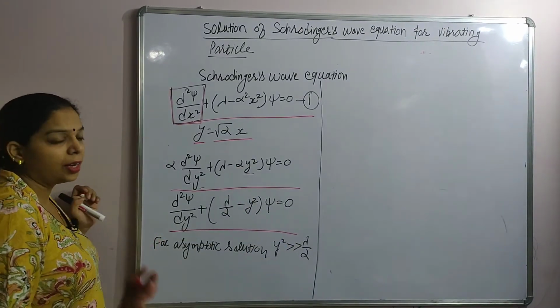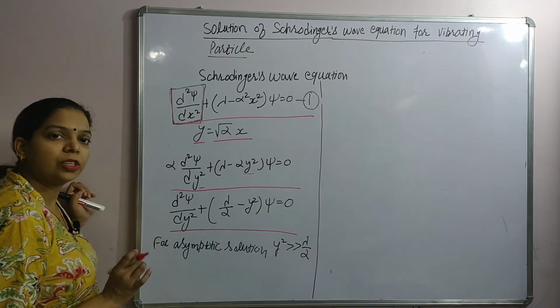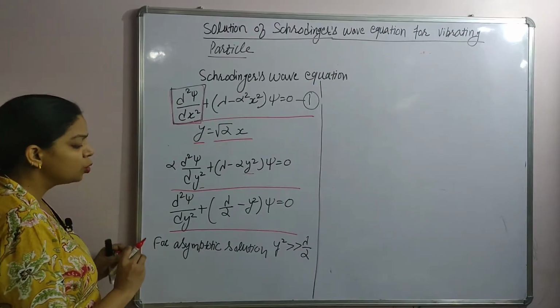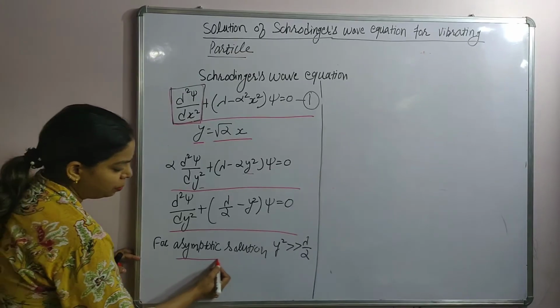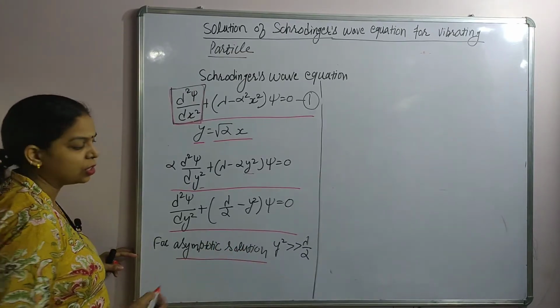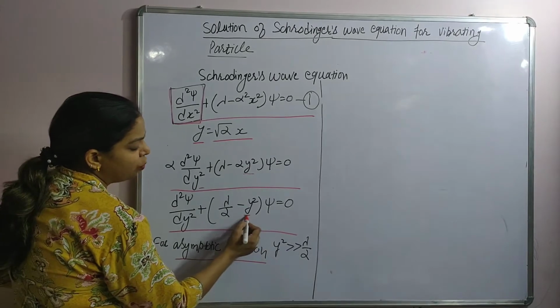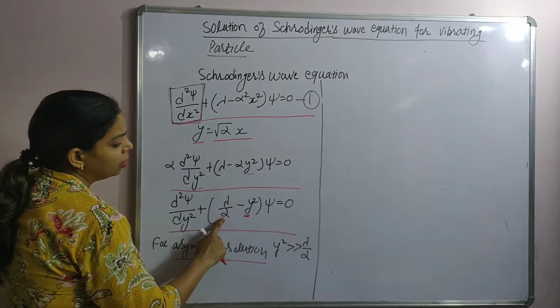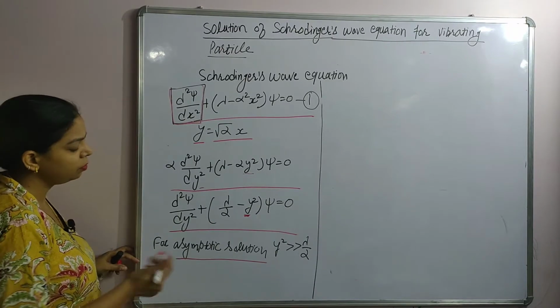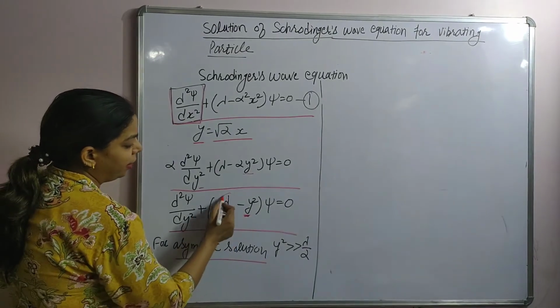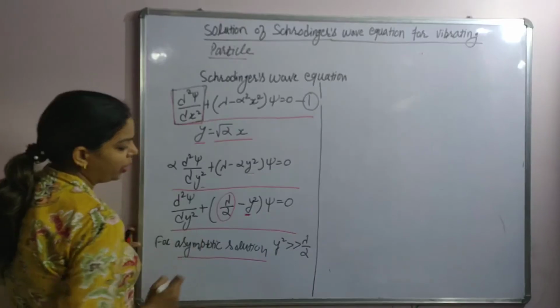Now again, to find the solution of the differential equation, it has to be further simplified. So we make one more assumption, that to find the asymptotic solution for this equation, y has to be greater than this factor lambda upon alpha. So we can neglect this as compared to y square.